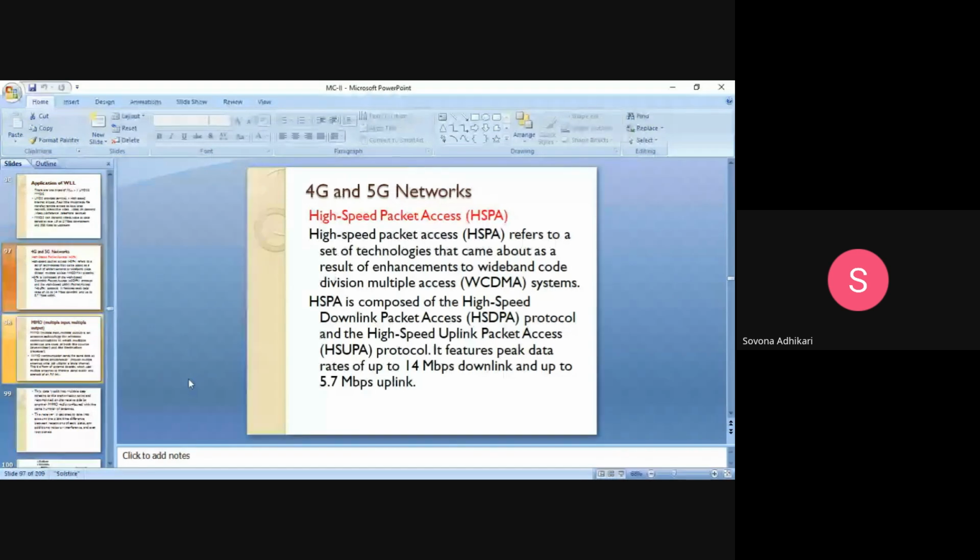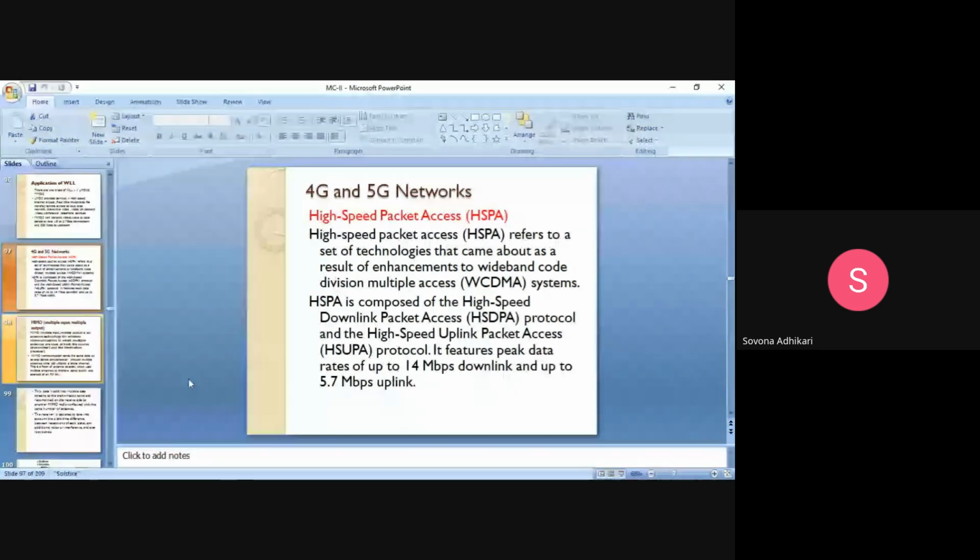High speed packet access, or HSPA, refers to a set of technologies that came about as a result of enhancement to the wideband code division multiple access system. Besides TDMA and FDMA, this is also a division method, wideband code division. We know CDMA, code division multiple access; then the wideband code division multiple access method is another method.